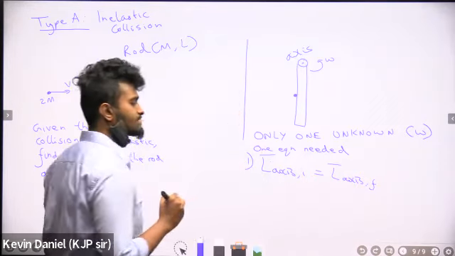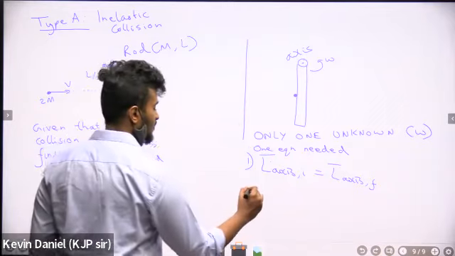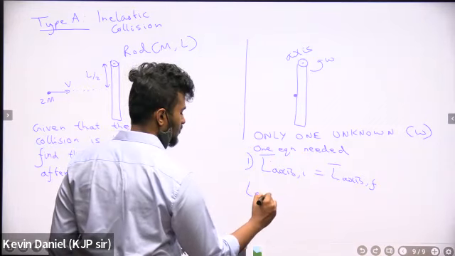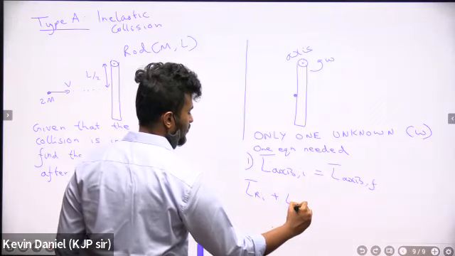It will be ML square by 3. But what is my system? Both of them are the system. In fact, here L rod is ML square by 3, plus the ball.